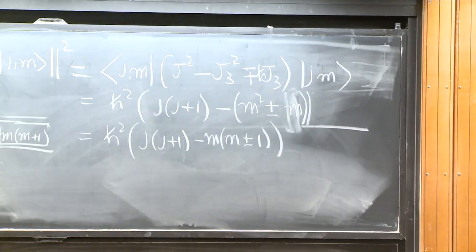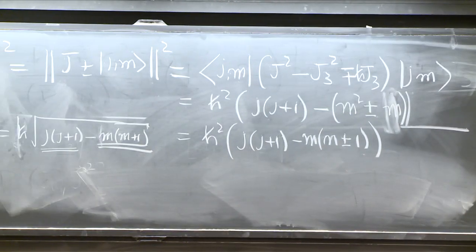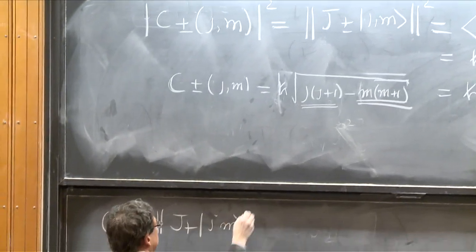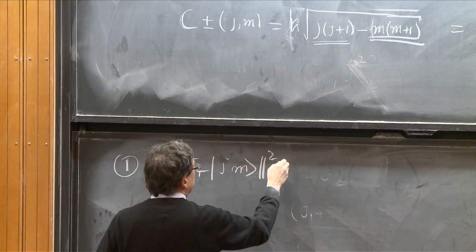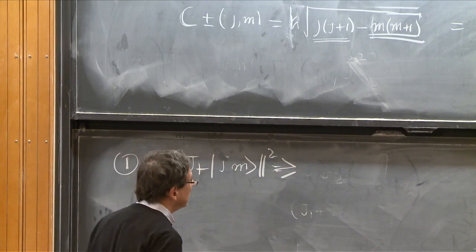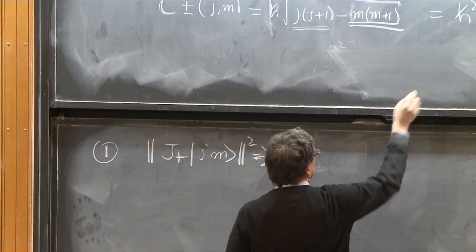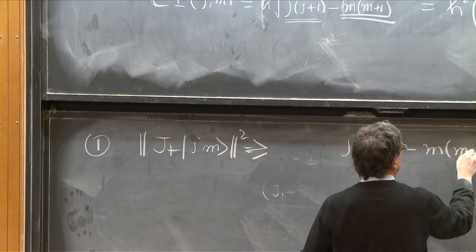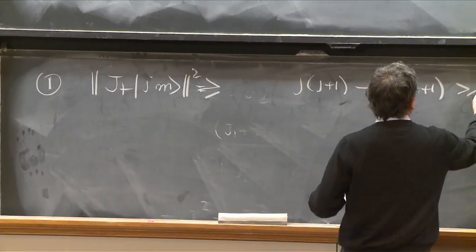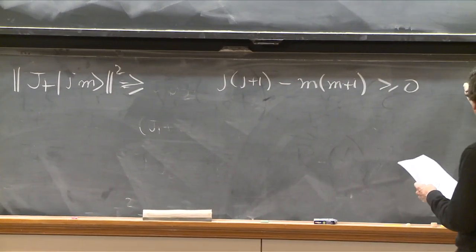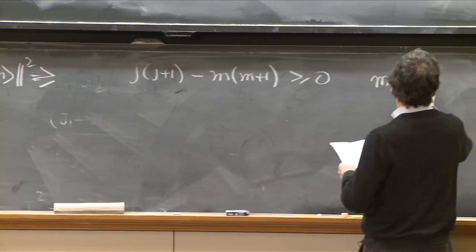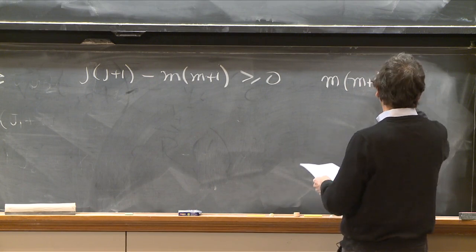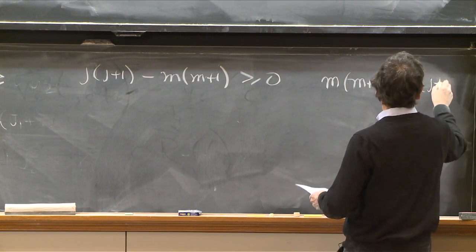So, for example, we need one, that the states j plus jm, their norm squareds, be positive. So for the plus sign, you should have j times j plus 1 minus m times m plus 1 be positive. Or m times m plus 1 be smaller than j times j plus 1.